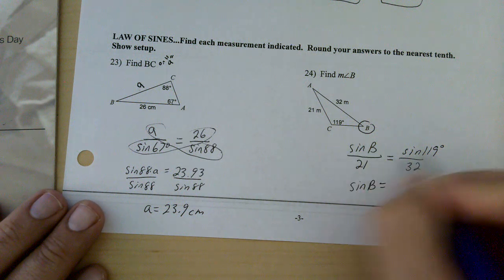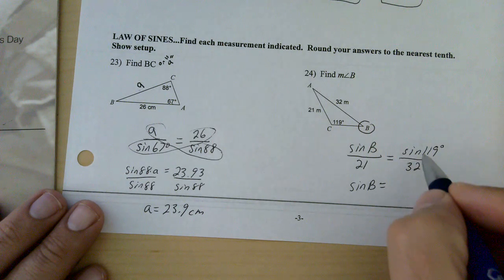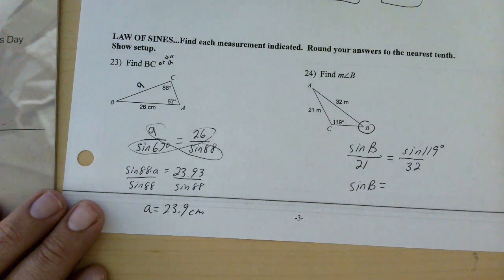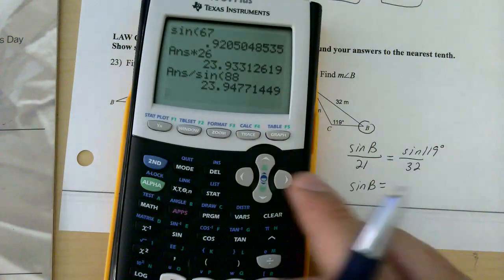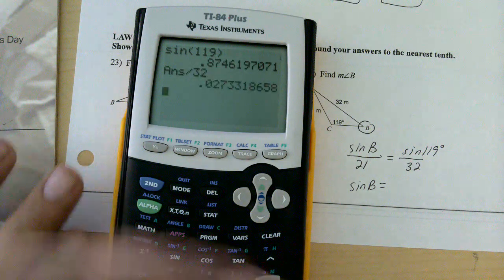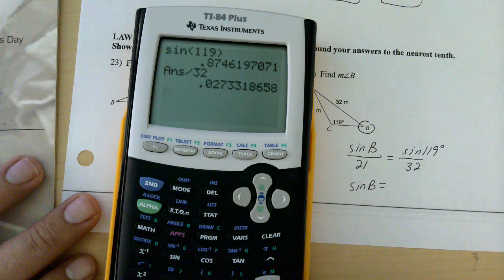So again, you could cross multiply, but I think it's easier when it's set up this way to think of just typing in this complete right side and multiplying it by 21. So I'm going to do that. I'm going to type in the sine of 119 degrees. Okay, hit enter. Divide by 32. Again, ugly numbers. Okay, and I'm going to multiply that by 21.